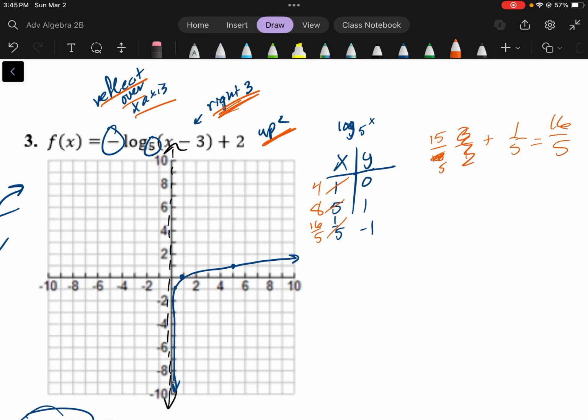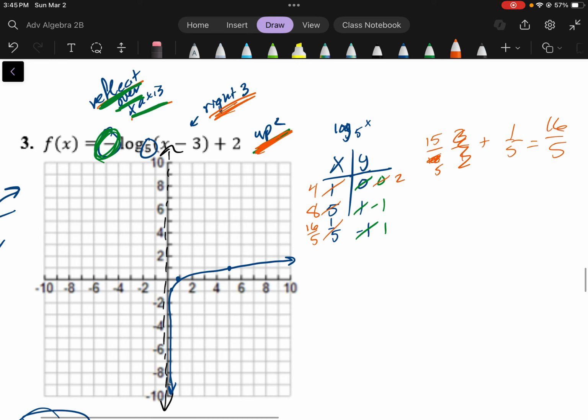And again, PEMDAS applies when you're applying transformations. We're multiplying by the negative here, and we're adding 2 there, so the multiplying wins. So negative times 0 is still 0. That becomes -1, and that becomes +1. And so then when we go up 2, we're going to get 2 and 1 and 3.